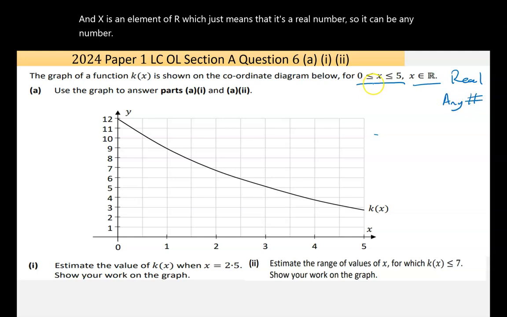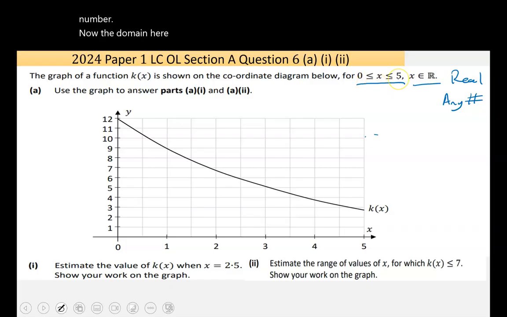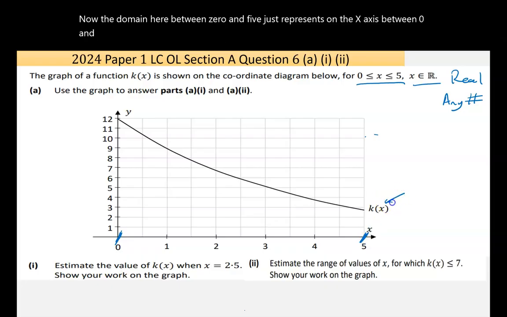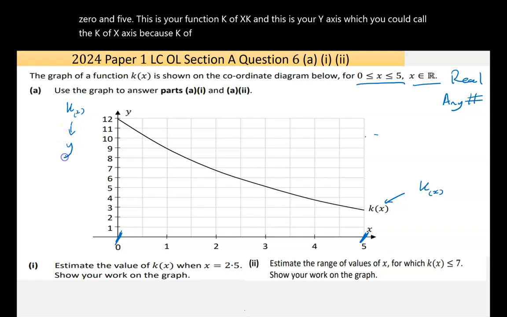Now, the domain here between 0 and 5 just represents on the x-axis between 0 and 5. This is your function k of x, okay? And this is your y-axis, which you could call the k of x axis because k of x means y, okay? So how does y change as x changes?